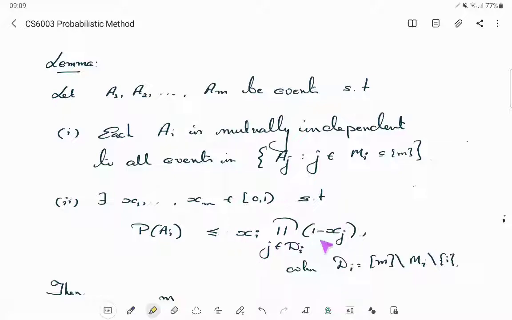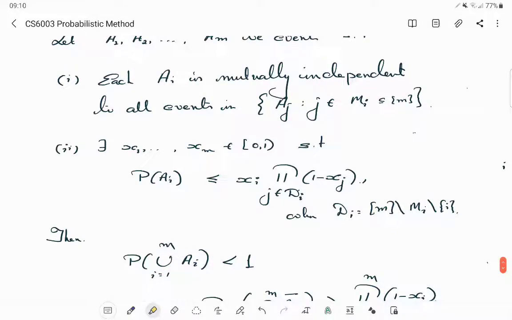For now, let me say that at least this expression makes sense if you know how this is proved. This comes from the bound of the denominator using the induction hypothesis. If each p of ai is upper bounded by this expression, then you can have the conclusion that you want, which is that the union of events has a probability strictly less than 1.